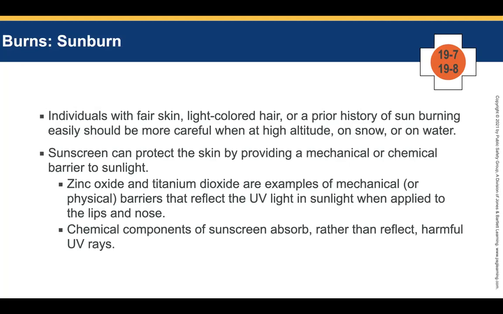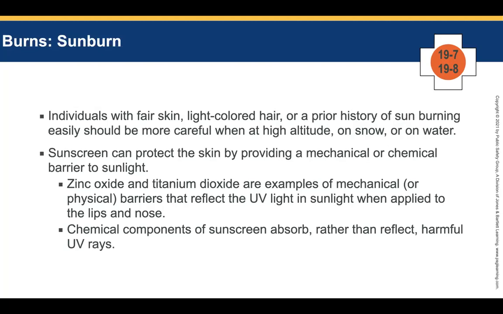Now, we're talking about two different things here with sunscreen, providing either a mechanical or chemical barrier to the sunlight. Something that blocks the UV and reflects it away would be mechanical, and the chemical doesn't reflect. The sunlight is absorbed, the harmful UV rays, by the chemical components. So there are sunscreens and the SPFs we talk about, and then the zinc oxide.